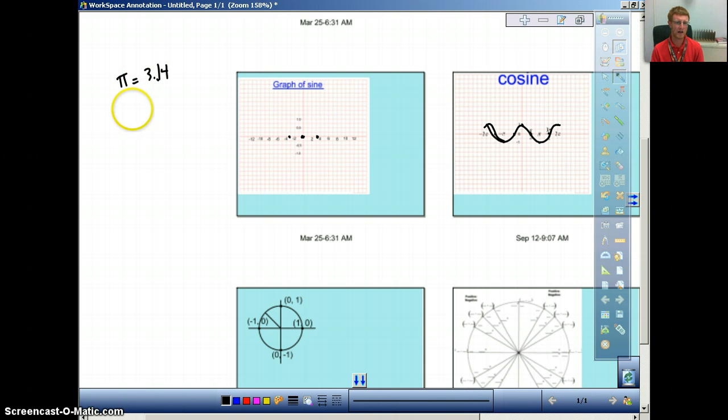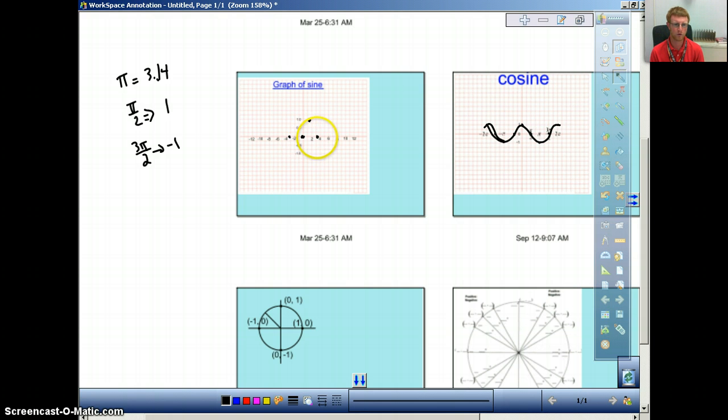Then we know that sine of pi over 2 is going to be 1, and I know that 3 pi over 2 is going to be -1. So again, I approximate where it would be. Pi over 2 is going to be a little bit more than 1.5, so right around here.